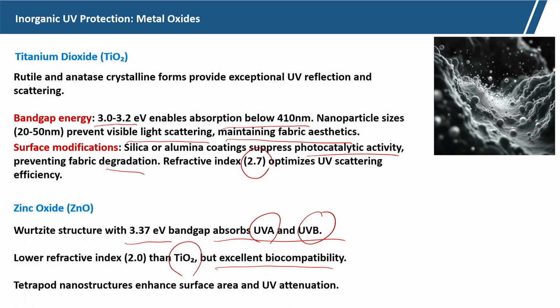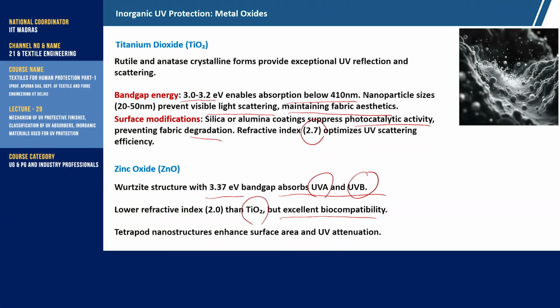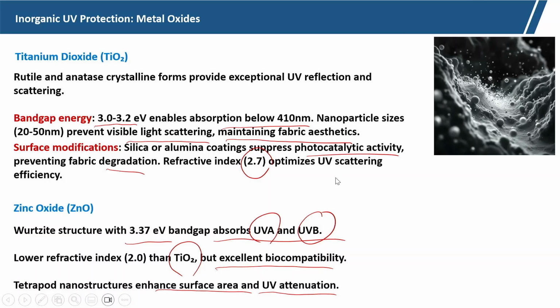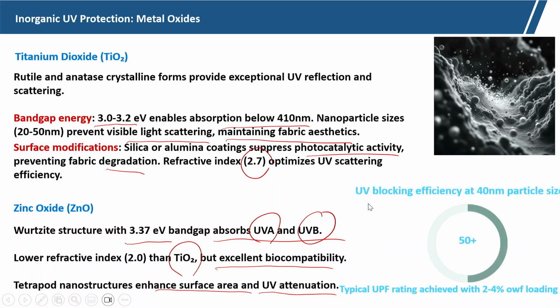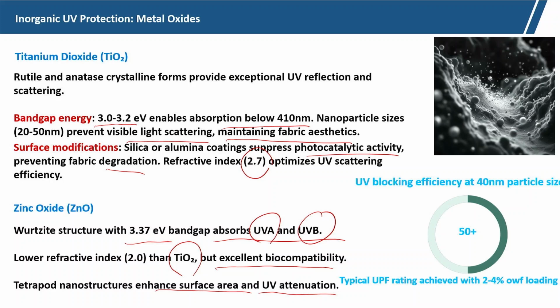So, the tetrapod nanostructure of the zinc oxide enhances the surface area and UV attenuation. It has a special nanostructure, the tetrapod structure, which enhances the surface area, and thus the UV attenuation is increased. Now, you can see here the UV blocking efficiency at 40 nanometer particle size.